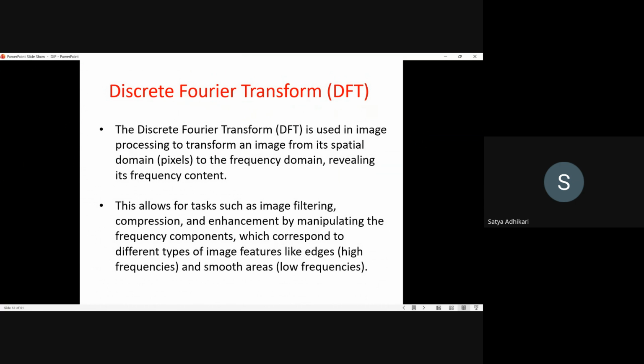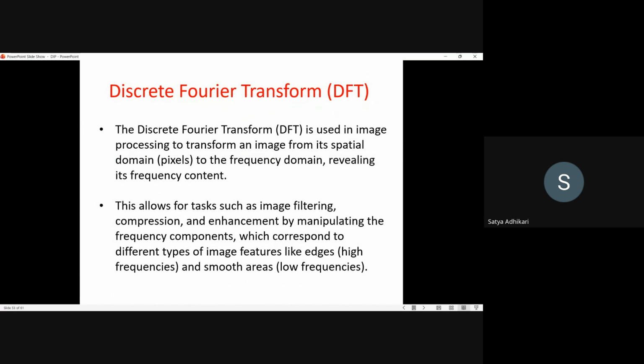This allows for tasks such as image filtering, compression, and enhancement by manipulating the frequency components, which correspond to different types of image features like edges, high frequency, and smooth areas, low frequencies. So in the frequency domain, it is easy to perform such types of operations on that image. That is why we need to convert from one domain to another domain.